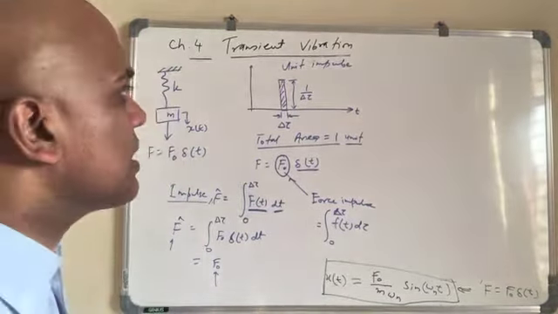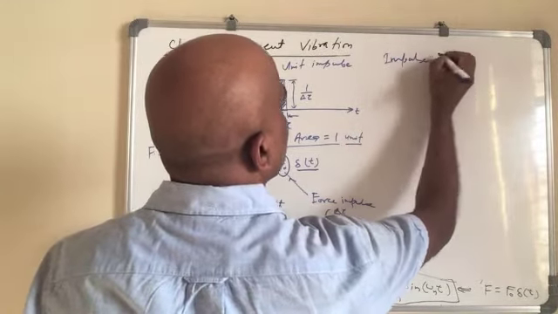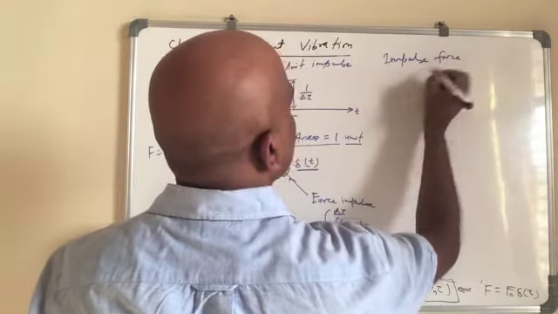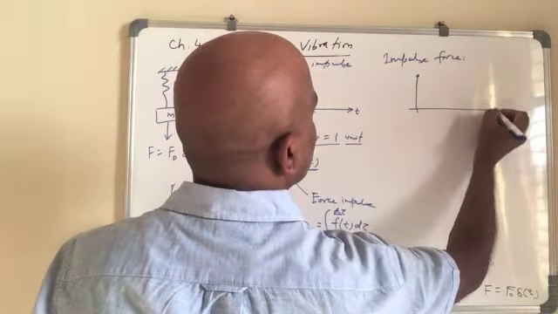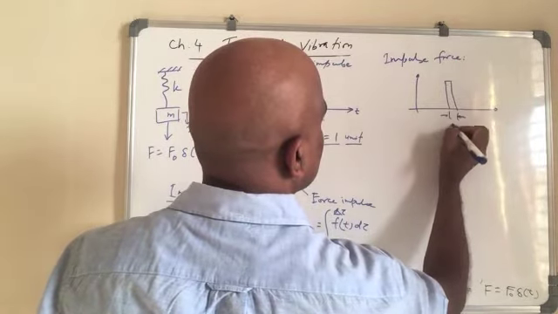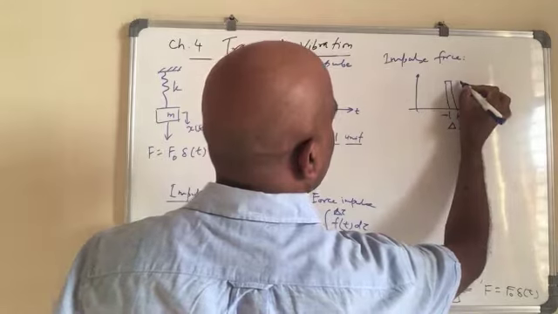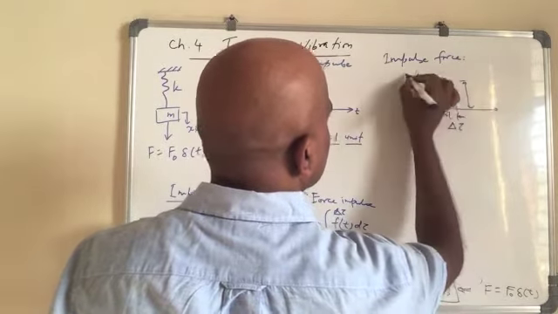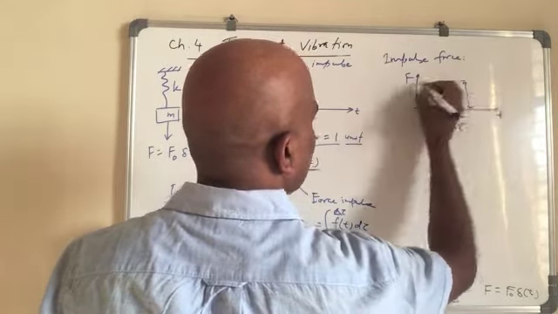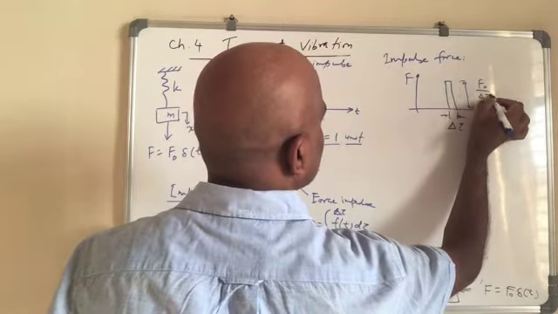So an impulsive force is represented like this. You have delta tau here, and here this is F, which is F naught over delta tau.